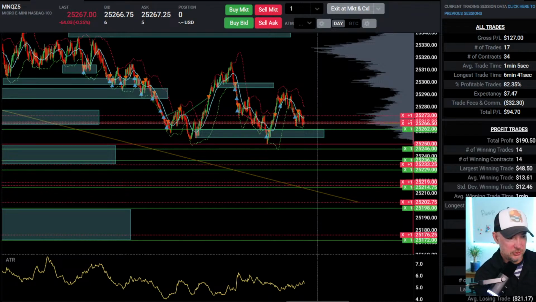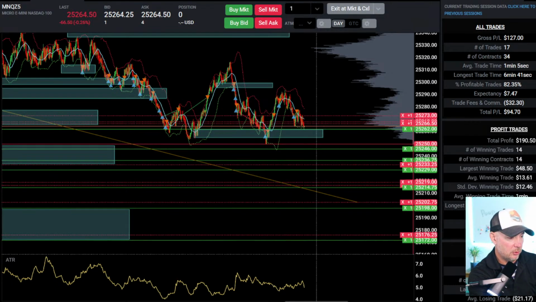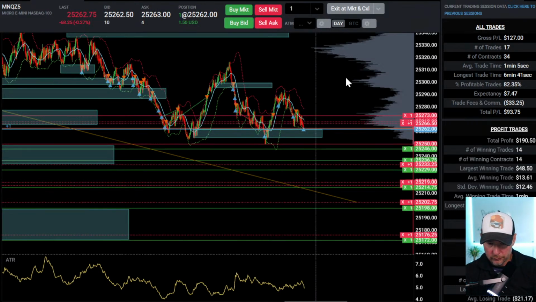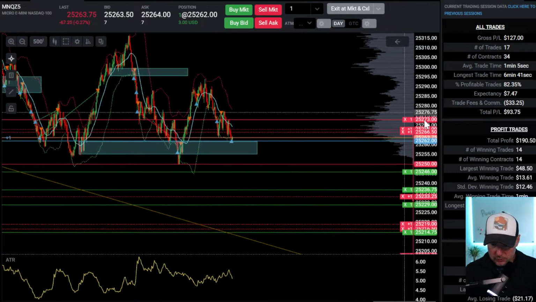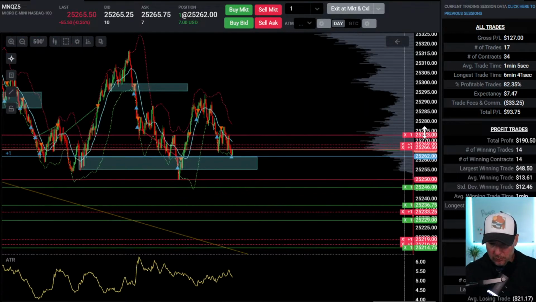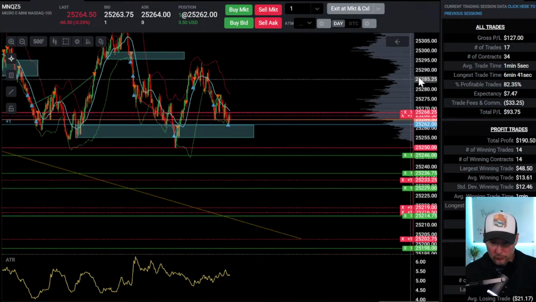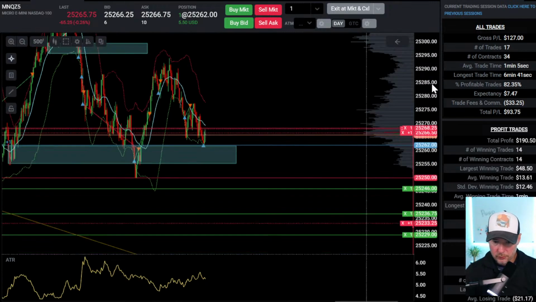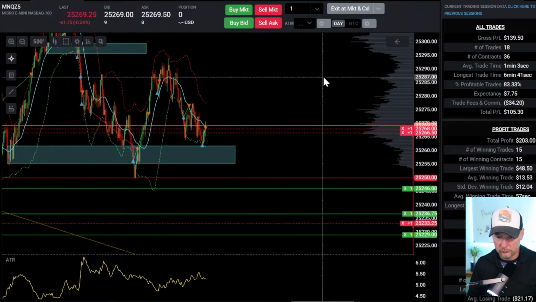Okay, Russell keeps tanking. By tanking, I mean it's down 25 points. It's not a lot, but significant enough. Should probably move my target a little closer because this target is way far. I'll move it to the moving average up there. Now we're out.